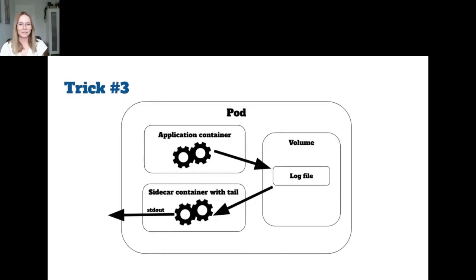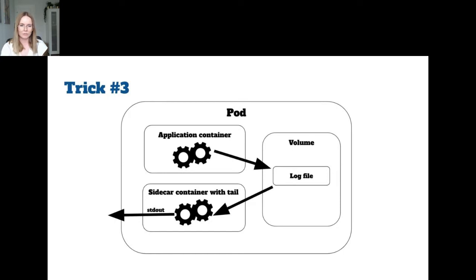The good thing is that we are getting closer to better tricks. In the previous trick, the emptyDir volume joins the application container with the host. Here you can see a trick in which two containers are joined by the volume, and the log file is saved on the volume. Because of this, the log file can be read by tail running in a sidecar container.